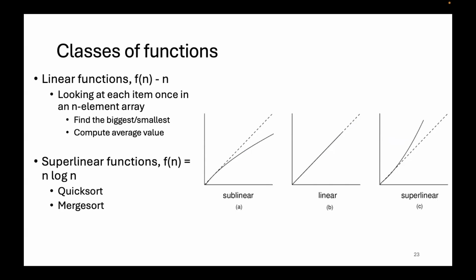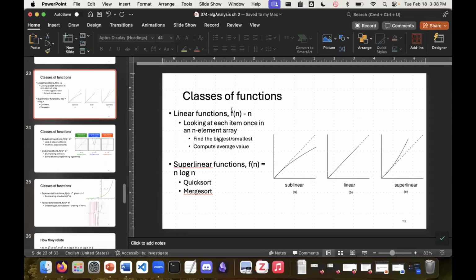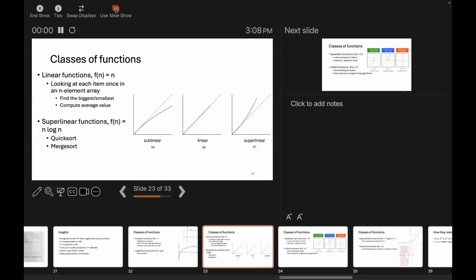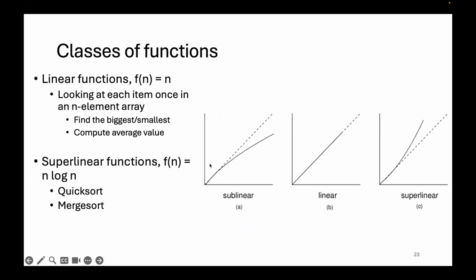Linear functions, that should be an equal sign, which is just a line. An example for that is maybe we're looking at each item once in an n element array, or maybe we're finding the biggest thing, or the smallest thing, where we're going through the array.